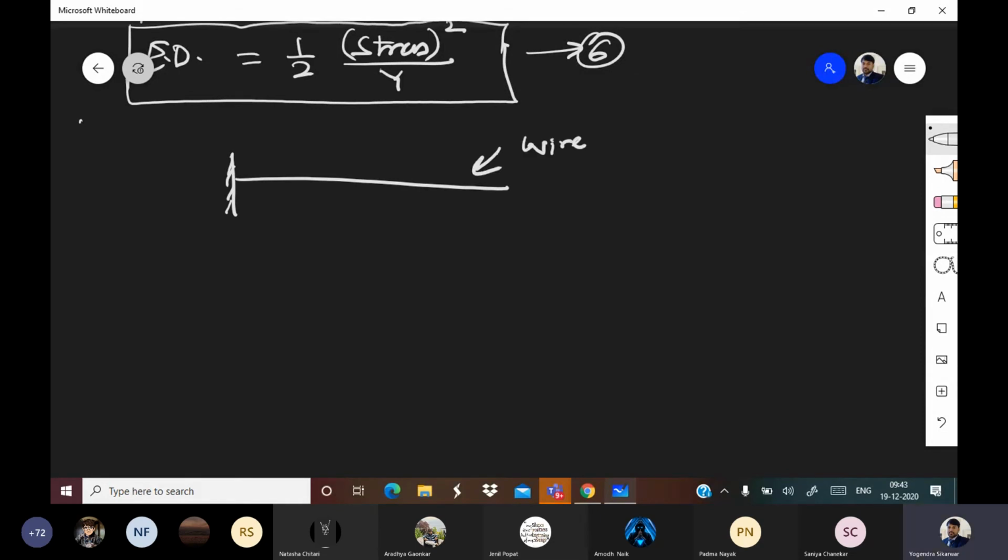For the wire, Young's modulus is Y, area of cross section is A, and L is the length. Y, A, L, because these three are important parameters for any wire.